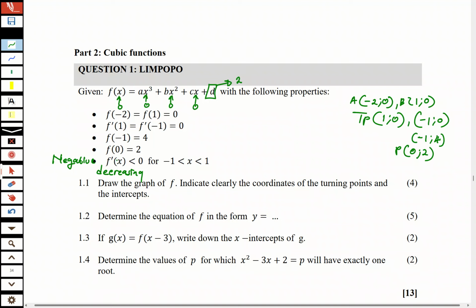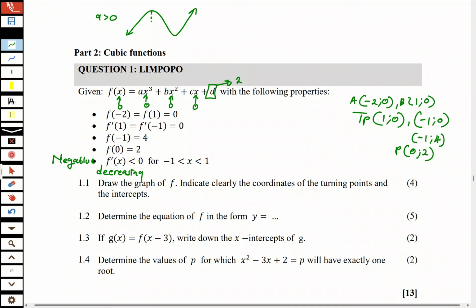Now they say the gradient is negative between these 2 points, -1 and 1. But remember, -1 and 1 are your critical points at the turning points. So the gradient is negative between these 2 points. We also know that the value of a is greater than 0, meaning that we will have a function that starts by increasing, then decreases, and then increases.